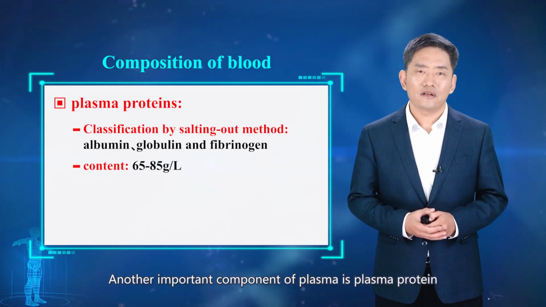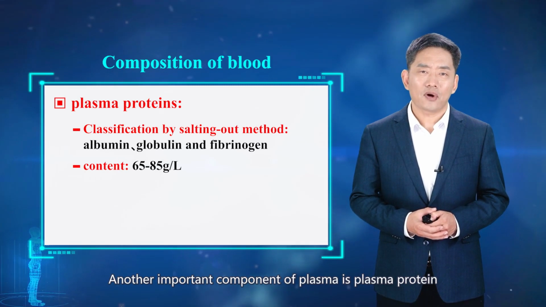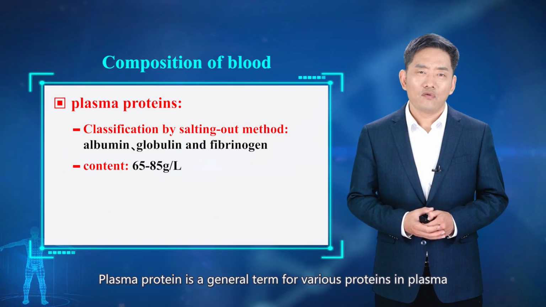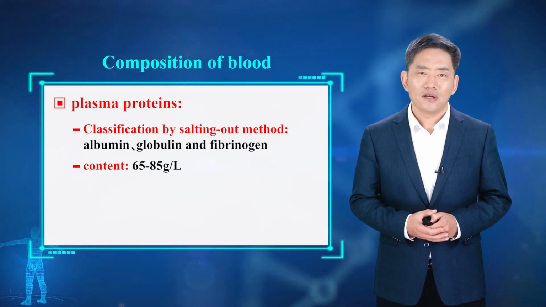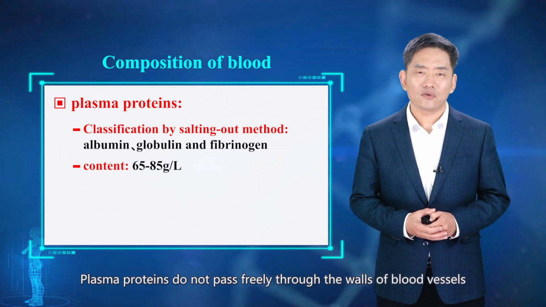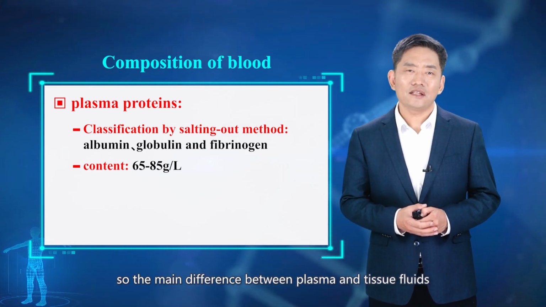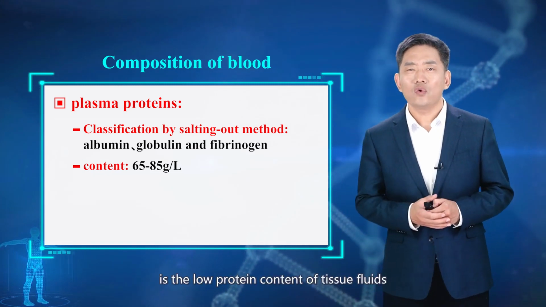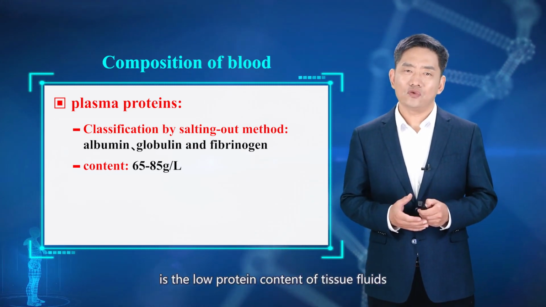Another important component of plasma is plasma protein. Plasma protein is a general term for various proteins in plasma. Plasma proteins do not pass freely through the walls of blood vessels, so the main difference between plasma and tissue fluid is the low protein content of tissue fluid.